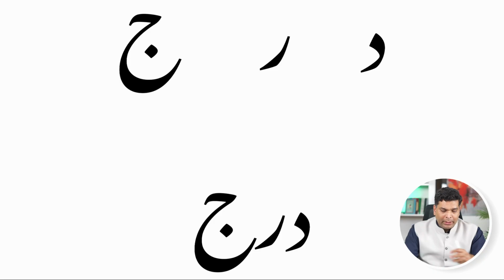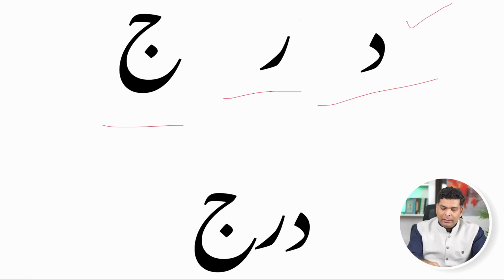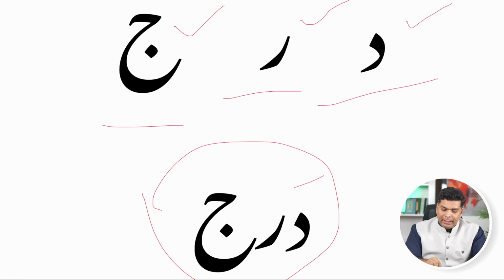Now, if we go further, you will find another one. If you identify the letters, we have dal, re, and jim. Simply dal, da, re, ra, jim, ja, darj. Ideally, there could have been a zabar here, and a jazm here to say that there is no vowel, so it is not daraj.